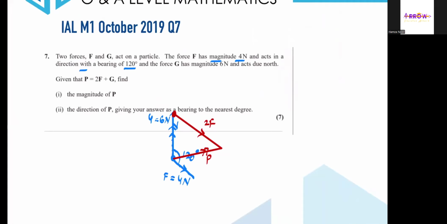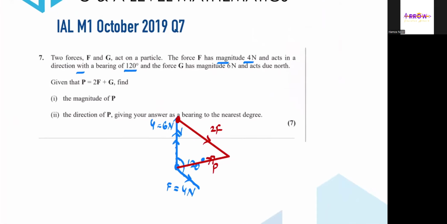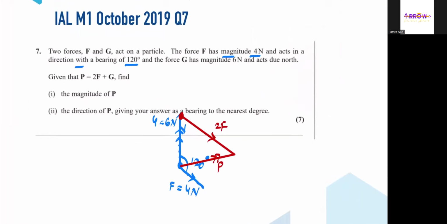Now the thing is how to mark the angles. The technique which is used to mark the angles over here: from the point where I picked up this force F, and I increased its magnitude to 2F, to 8 Newton, and I placed this 2F force at the head of the G force.